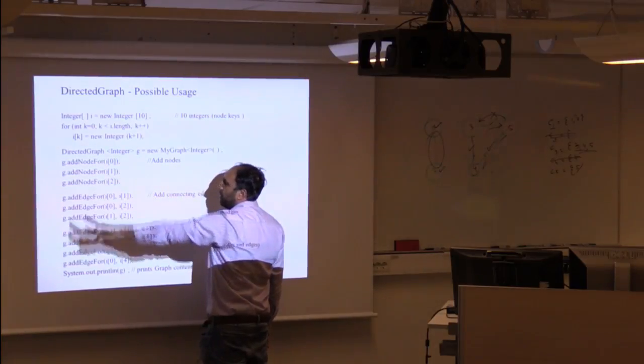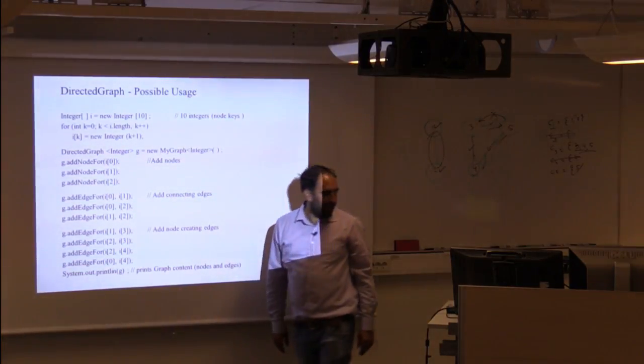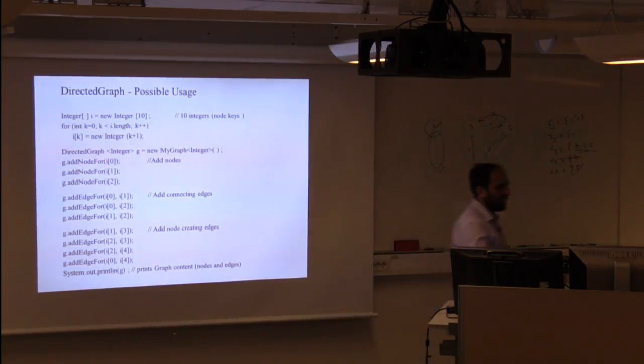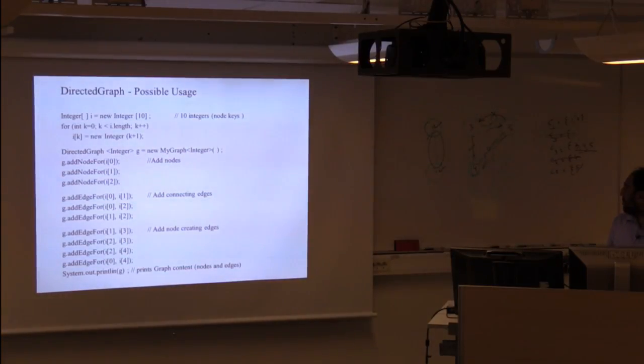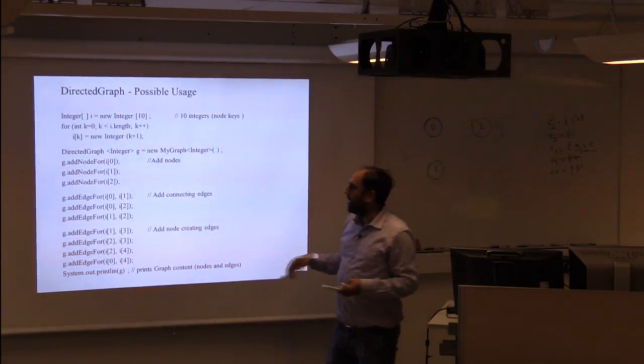So we have added 3 nodes. So it could be like this. It looks like you have now added 3 nodes, 0, 1, and 2. But there are no edges yet, because we have not added edges.